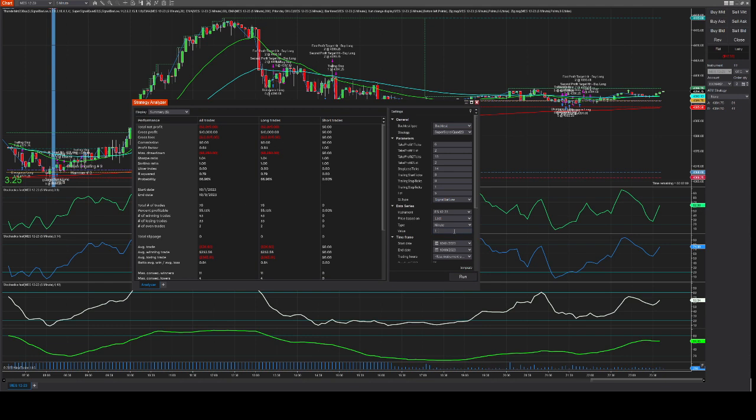Let's move it to the 5 minute time frame, which, of course, I think these work the best on. And I've started to tell people just use it on the 5 minute time frame. That was 78 trades.